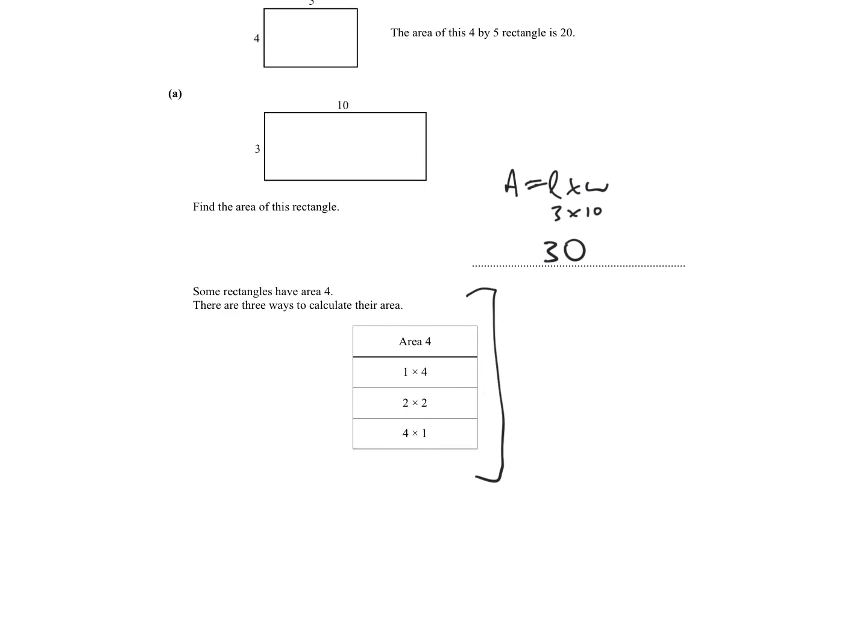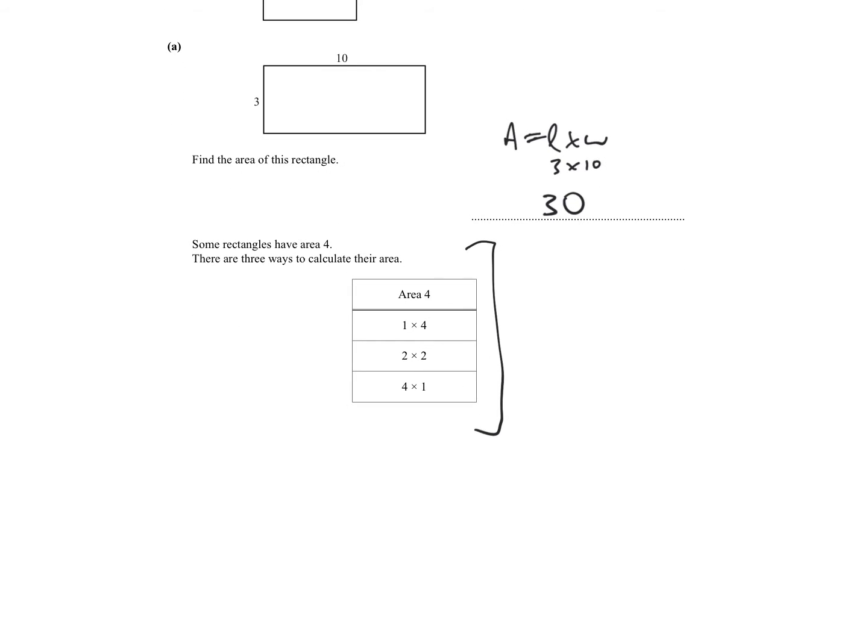So it looks like there's different ways of calculating the area. If we analyze this, you've got a 1x4 rectangle, a 2x2 rectangle, and a 4x1 rectangle.